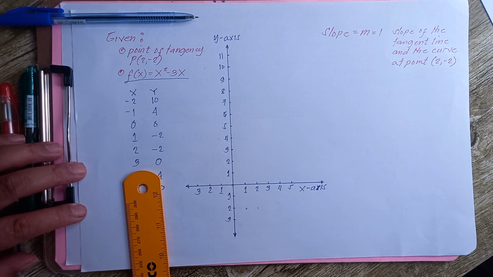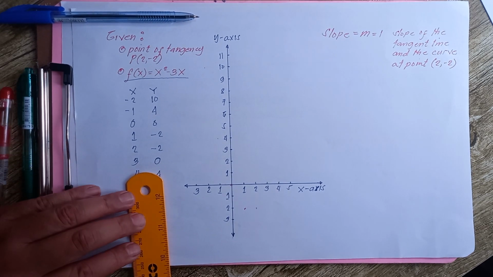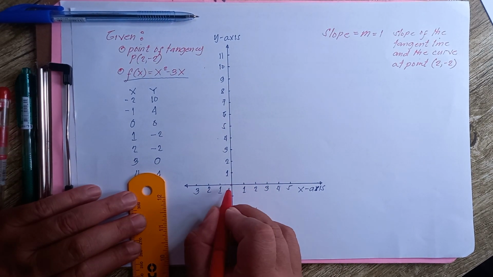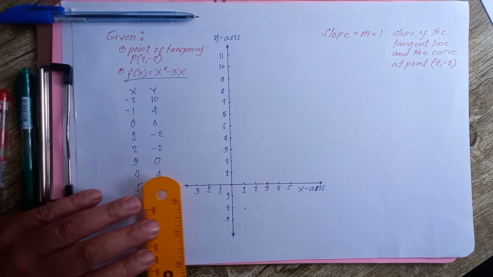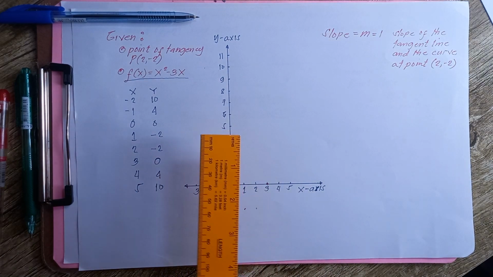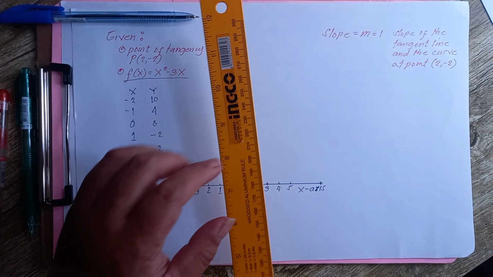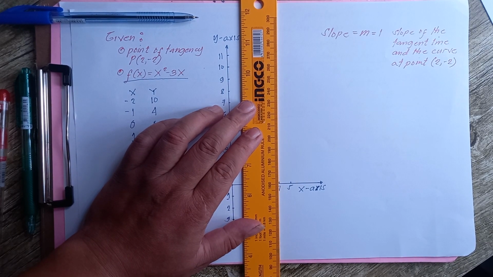Now if I have 3, then that must be 0. So when x is 3, my y must be 0. And if I have 4, then my y would be +4.